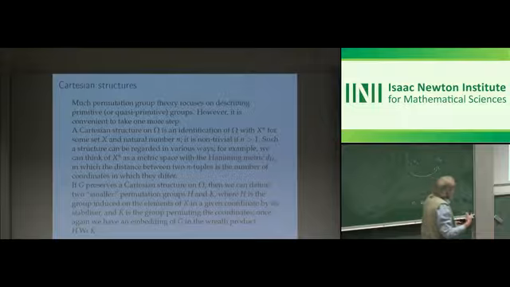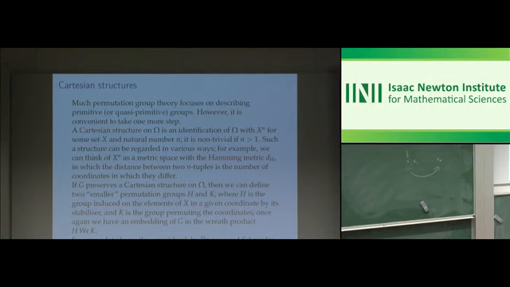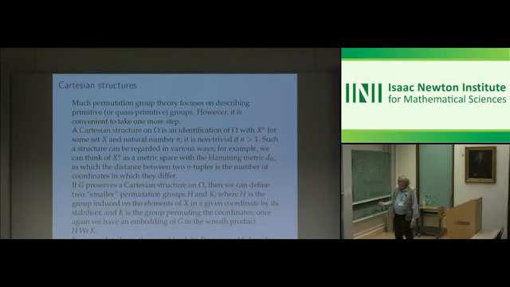And once again, you find that G is embedded in a wreath product of those two groups, but with a different action. This is what's sometimes called the product action of the wreath product, rather than the action that we had before for imprimitive groups. So if G preserves a Cartesian structure, it is embedded in a wreath product of smaller groups. And as I say, the book by Praeger and Schneider will tell you what you need to know about those things.